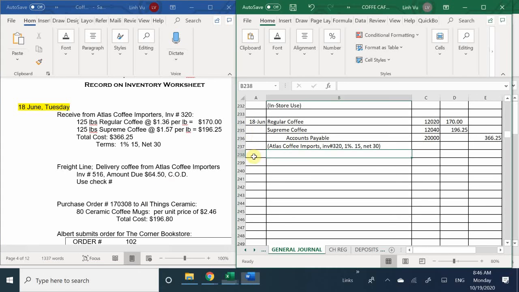So what happened next? Freight line delivered the coffee from Atlas Coffee Importers. Okay. Invoice 516, amount due 64.50 COD, and we used a check. All right.